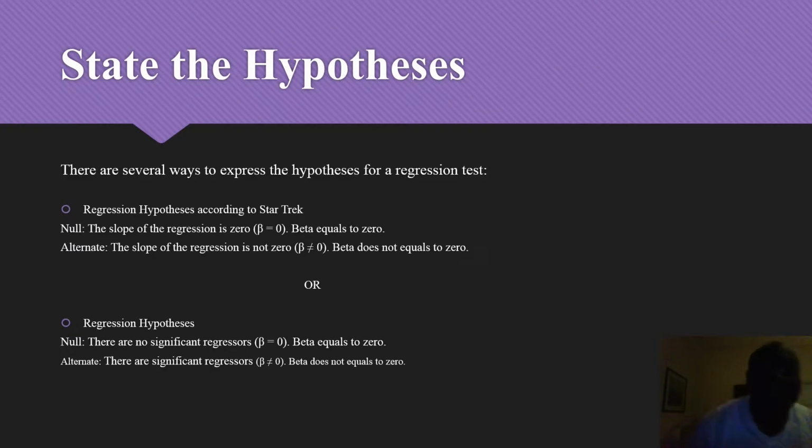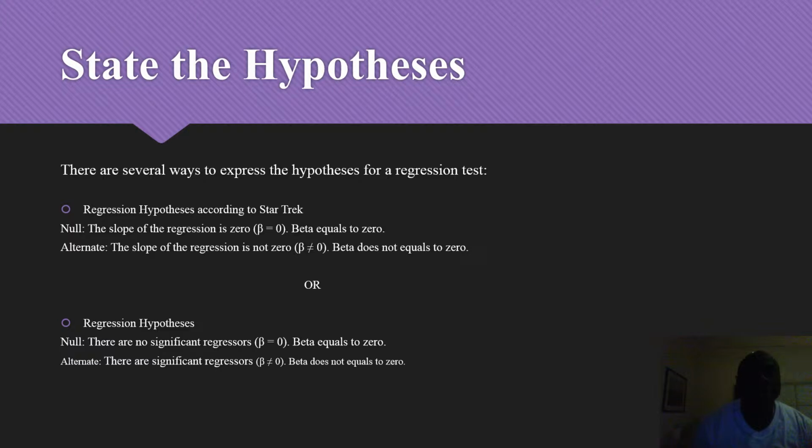State the hypothesis. There are several ways to express the hypothesis for a regression test. Regression test states the null hypothesis, the slope of the regression is 0, which means beta equals 0. Alternate, the slope of the regression is not 0, which means beta does not equal 0.